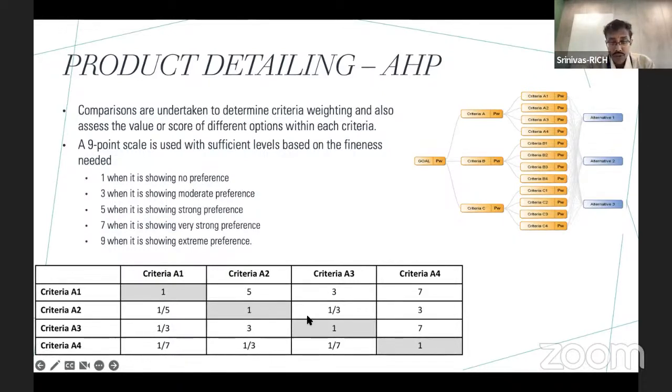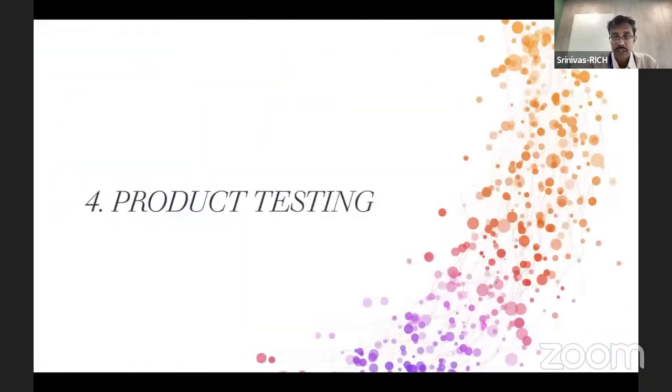And then you analyze, map each criteria against the other. For instance, if you look at this, what you can see is criteria A1 is much more preferred than criteria A2, right? And so on and so forth. Whereas criteria A2 is much less preferred than criteria A3. So these will come out very clearly in this matrix.